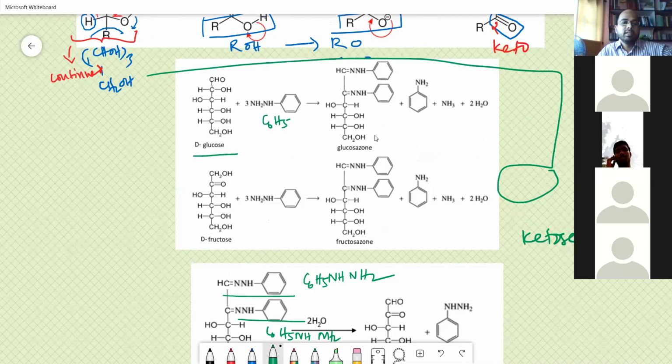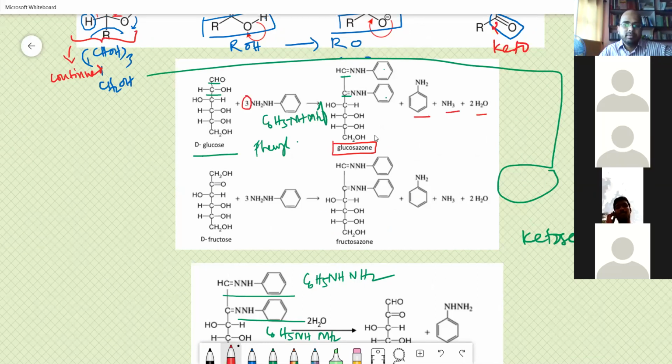Phenyl hydrazine, NH, NH2, phenyl hydrazine. So how it reacts? This carbon atom and this carbon atom, they both are converted into aromatic derivatives, and you're calling it the glucosazone. This is followed by, I think they are using 3 molecules, and then you are getting aniline plus ammonia plus some amount of water.